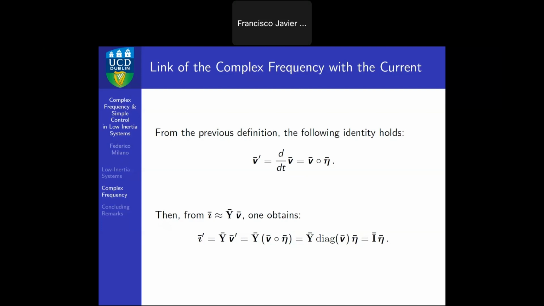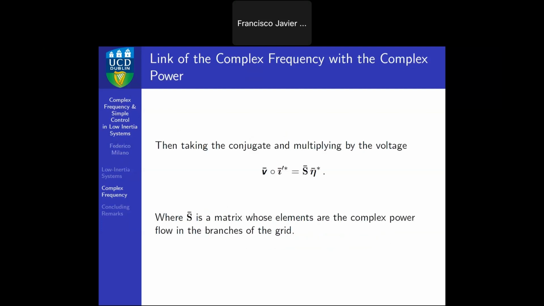Point means that they are local, so valid at that instant, but every expression that I get is linear. It is linear time variant, because it depends on the trajectory, but it is linear. So here this started linear, but it will be linear anyway. When we get to the power, we also have this expression that is linear in the complex frequency.